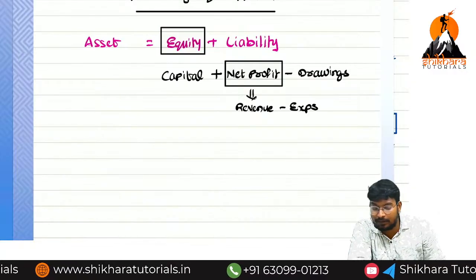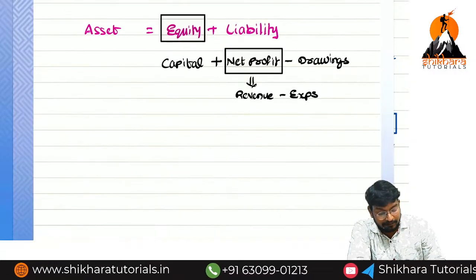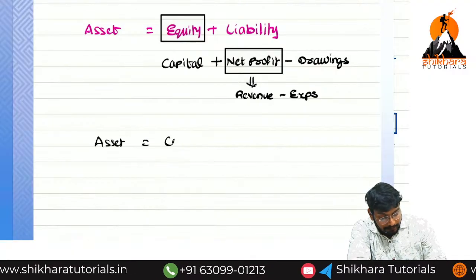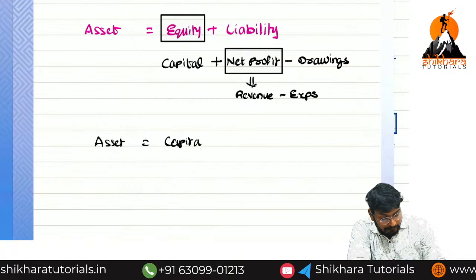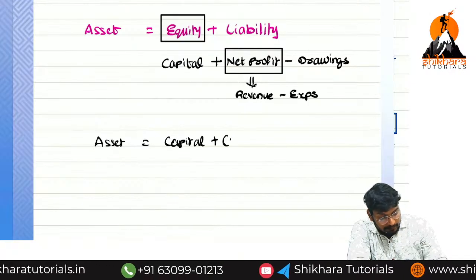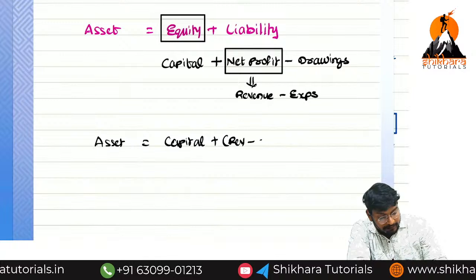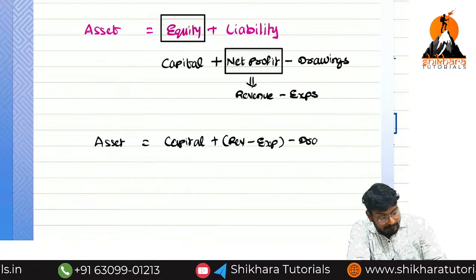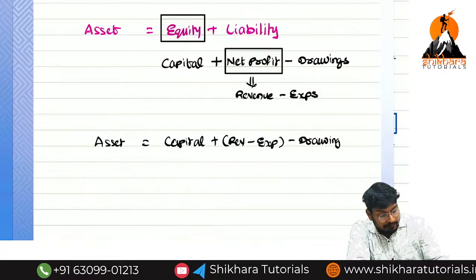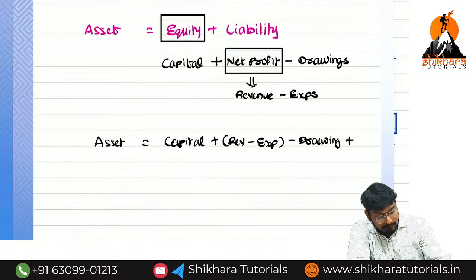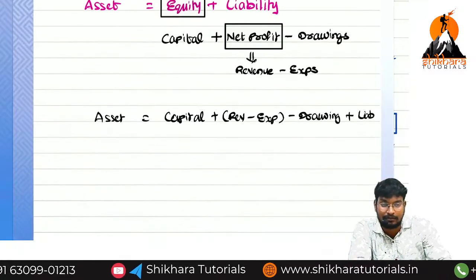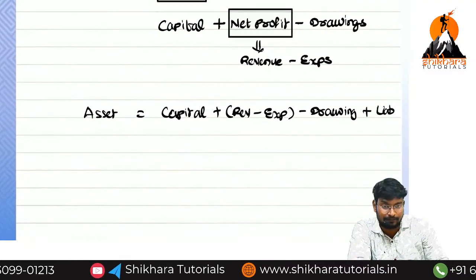Okay, now are you getting the point? So totally how we can write, ma, here? Asset equal to capital plus revenue minus expenses minus drawings plus what, ma? Liabilities. Liabilities means outside or inside, ma? Outside liabilities. Okay?